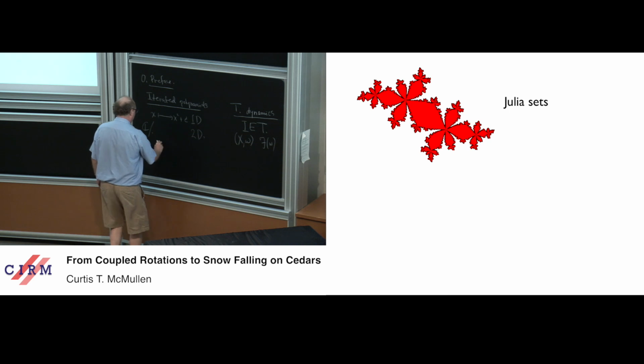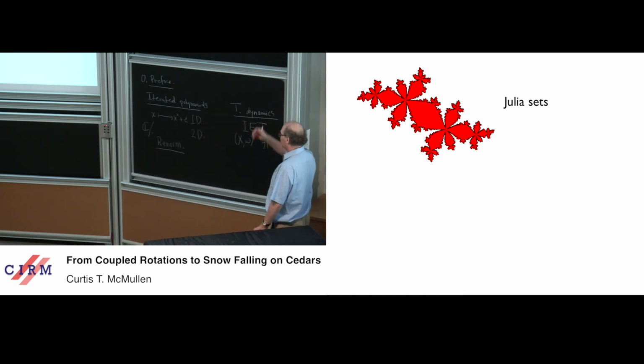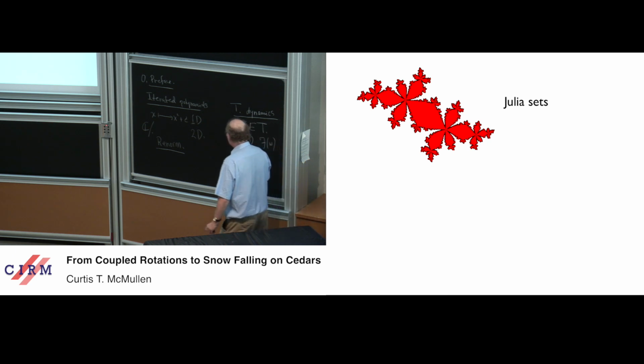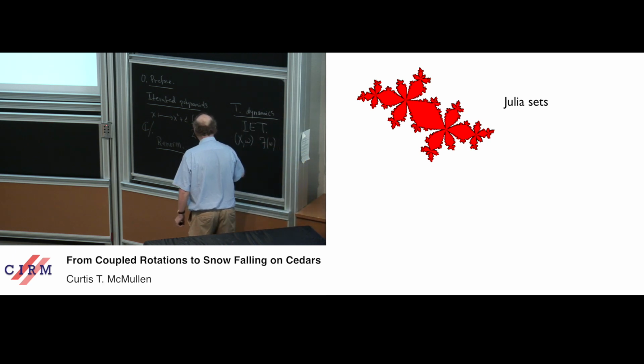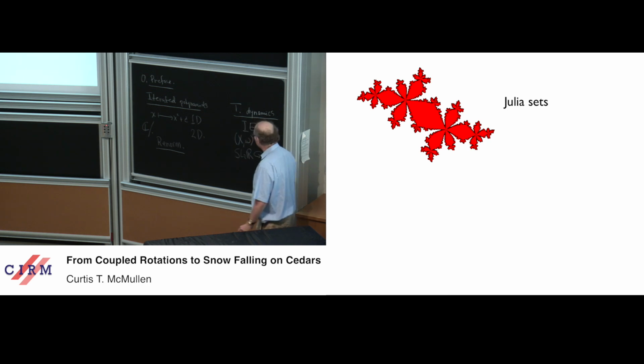So here I mentioned there's some sort of renormalization process which explains the reappearance of the same kinds of cascades over and over again. Here our renormalization operation is essentially the action of the group SL2R on the space of holomorphic one-forms.